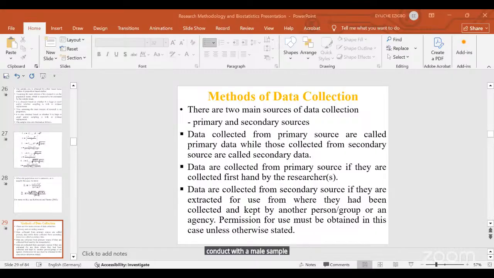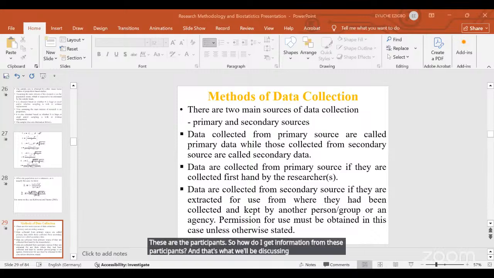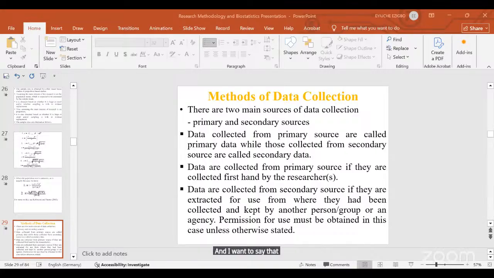I know that this is my sample, these are the participants, so how do I get information from these participants? That's what we'll be discussing now: methods of data collection. There are two main sources of data collection, and those sources are primary source and secondary source.